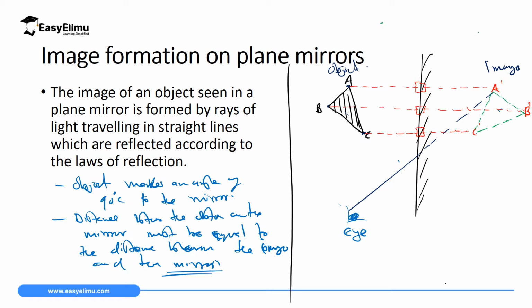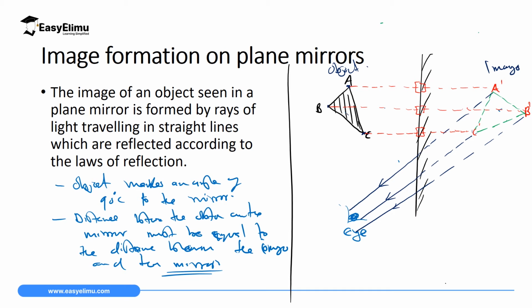Then the ray from point C prime will be dotted at the back because the rays are not real there. Then when it comes in front of the mirror, it becomes a continuous line. And then point B prime also will be dotted behind the mirror like that, and when it comes in front here, it will be continuous like that. But remember, this person is receiving these rays, so in front here, these rays are real.